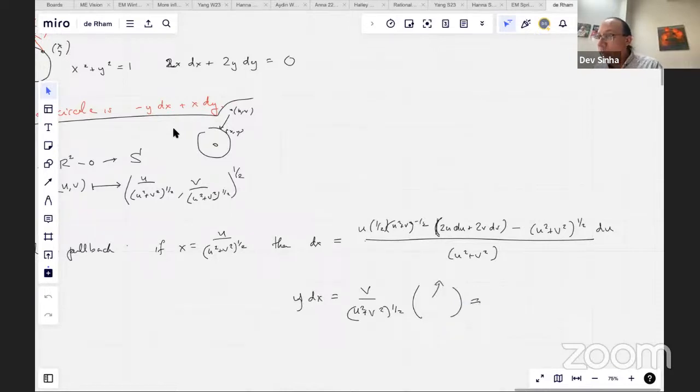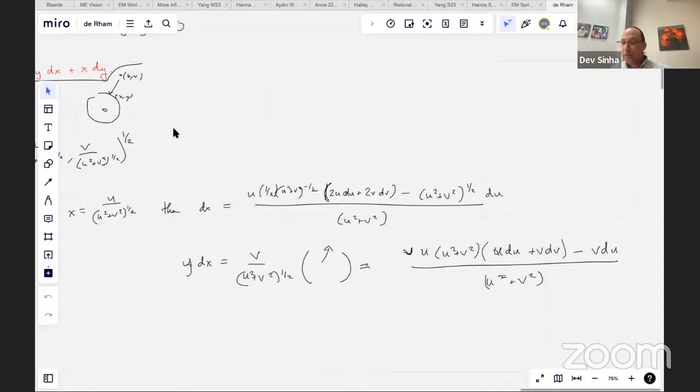And that's going to be, after a little simplification, v times u squared plus v squared times u du plus v dv minus v du over u squared plus v squared.